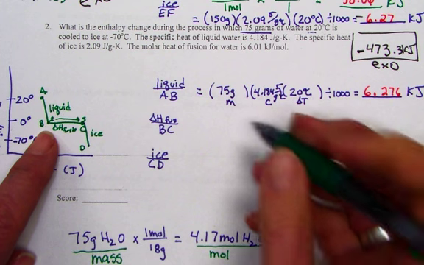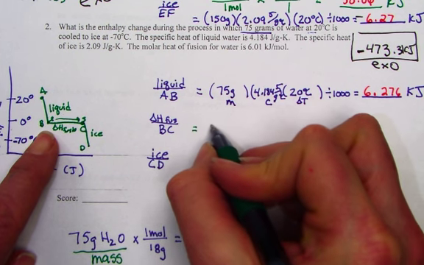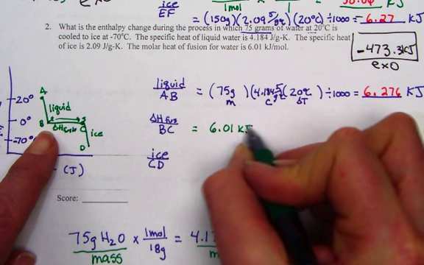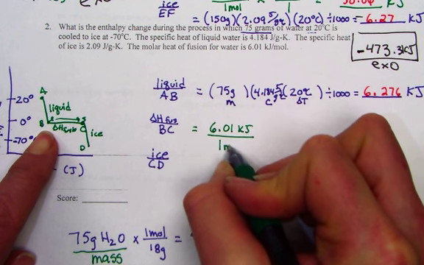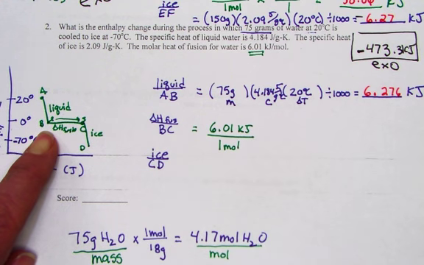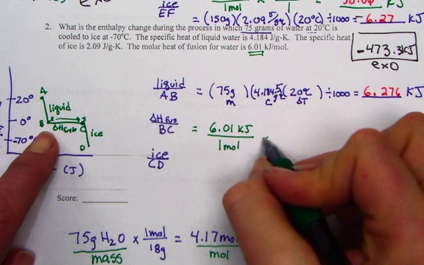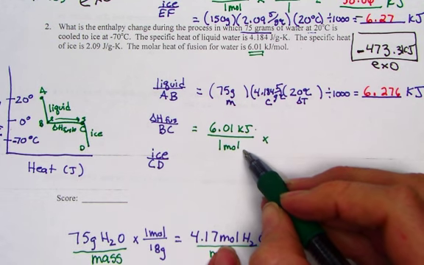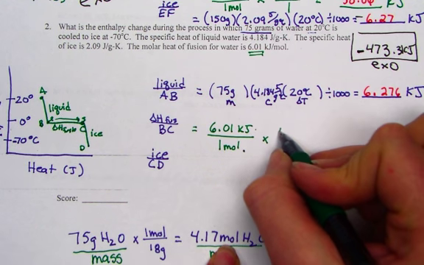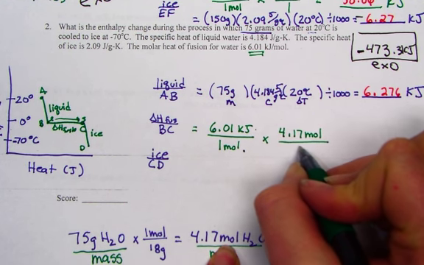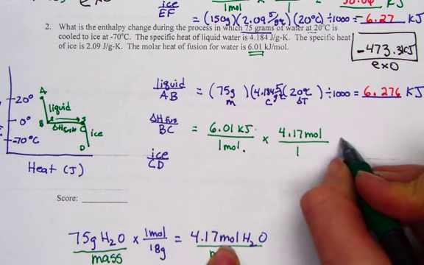Freezing is that definition. We use the heat of fusion constant, 6.01 kilojoules in every 1 mole. The heat of fusion constant tells us how much energy it needs to cause the liquid to solidify. This is in a kJ per mole. To cancel the correct unit, we need to put the mole value in we calculated a moment ago, 4.17 moles, and just set that over a 1.